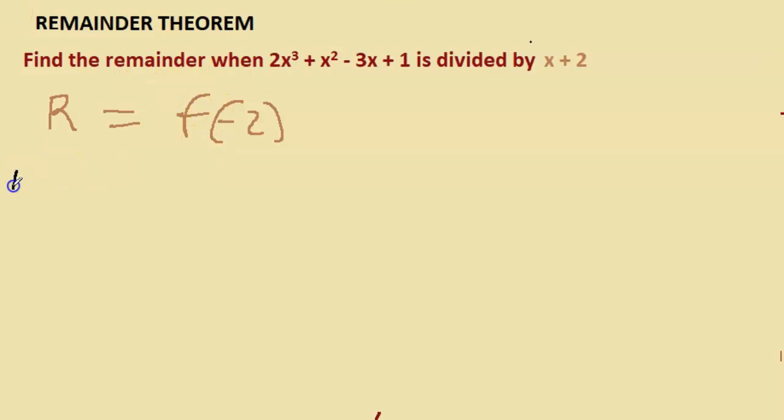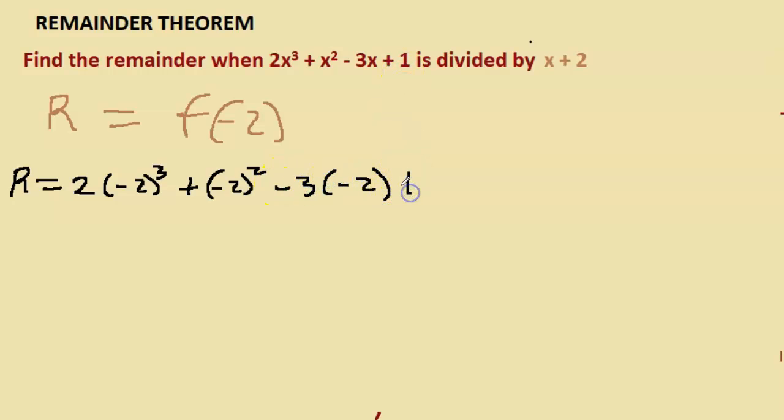So we replace the x values with negative 2. So 2 times x cubed becomes 2 times minus 2 cubed. Plus x squared becomes negative 2 squared. And then we have minus 3x becomes minus 3 times minus 2, plus 1. So we end up with the remainder. Negative 2 to the power of 3, that's negative 8.